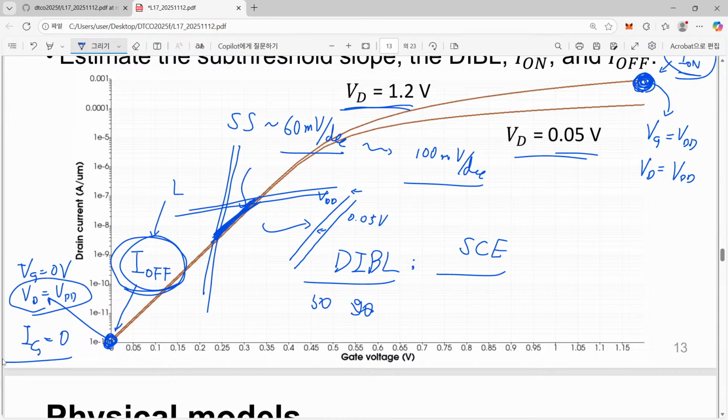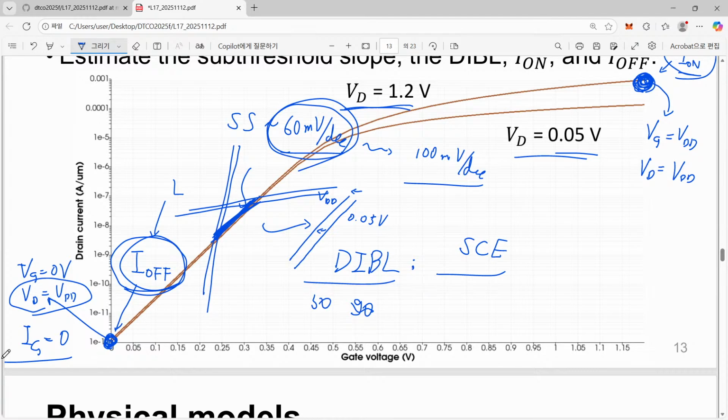But in the case of FinFET, nanosheet FET, and nowadays many different multi-gate structures, there is no exception. We should have a value quite close to 60. 70 is acceptable, but 80, I have not seen numbers like 80. Okay, so I have prepared a few more slides, but for a while, let me just stop here.